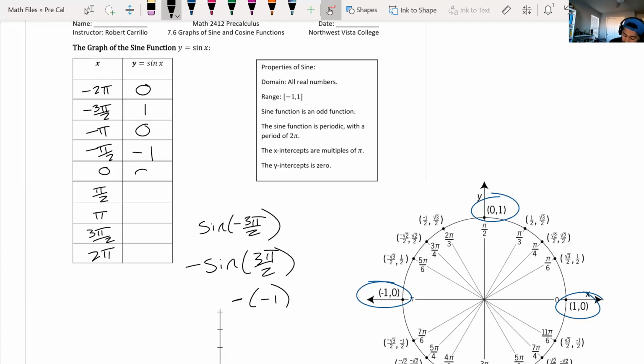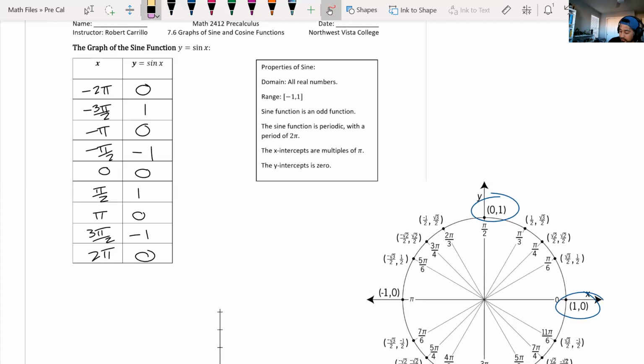Sine at 0 is 0, 1, 0, -1, 0. If you're wondering where I'm getting these values from, it's from the unit circle there on your right side. So these are going to be considered the parent function coordinates for the sine function, and will be very useful when you are using transformations. Okay, so any questions on that XY chart?